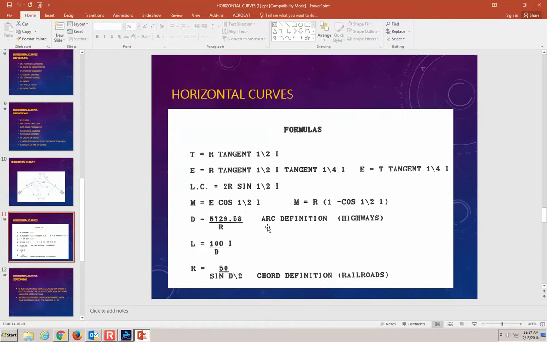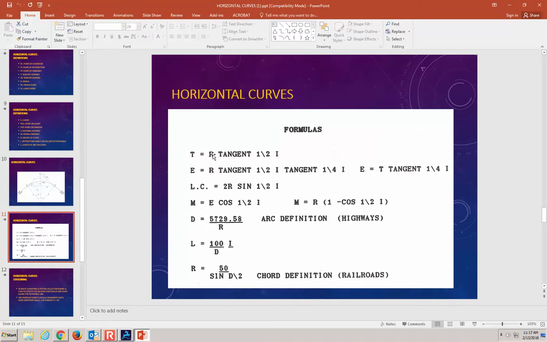So let's look at the formula for I. We have D and R and T. I have R and T in this first example here.